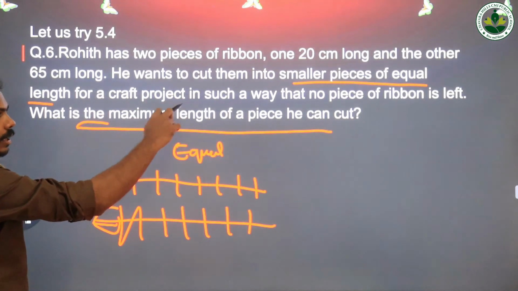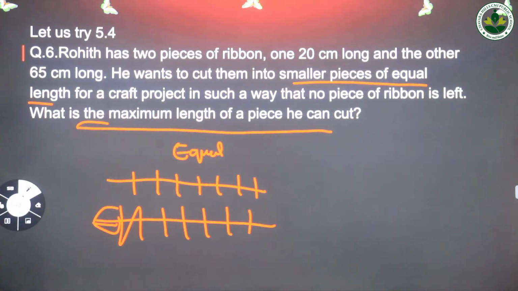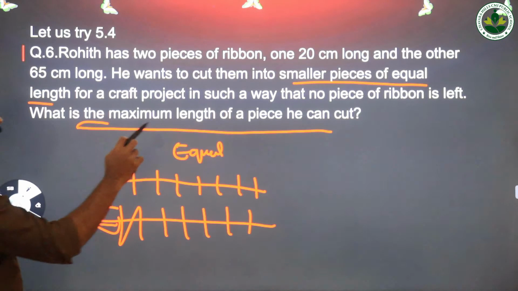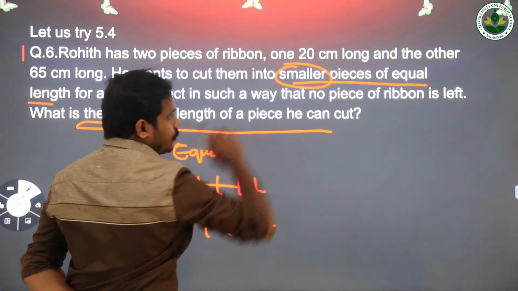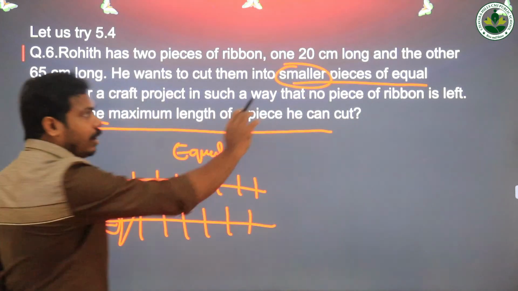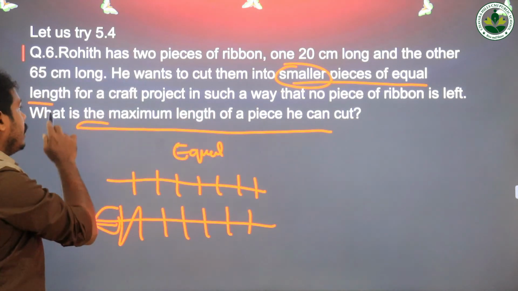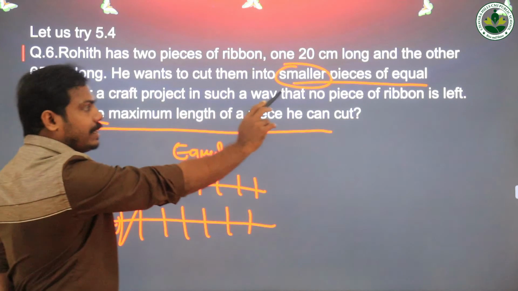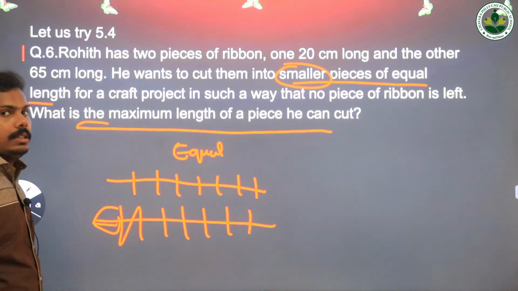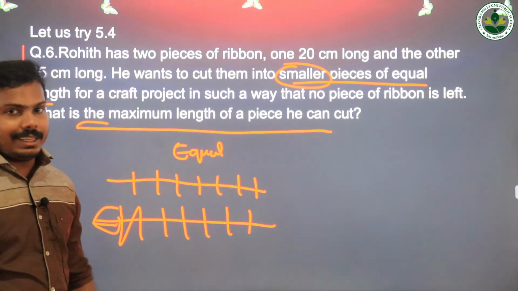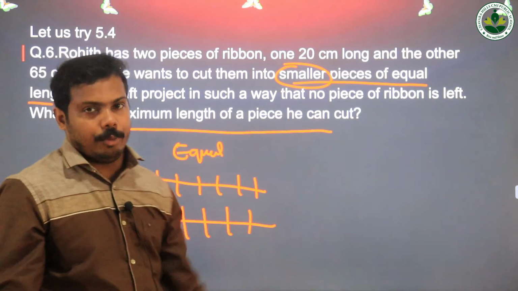He divides that into smaller pieces of equal length, already given, for a craft project in such a way that no piece of ribbon is left. That means he divides that equally without any remainder.